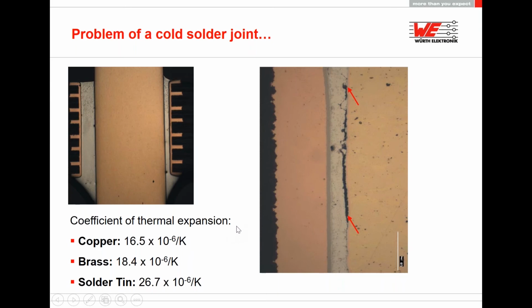And especially if you have thermal cycles, and you mostly have thermal cycles when you transfer currents, you have a lot of movement in the solder joint, and this makes this technology not perfectly reliable, especially for applications with a lot of thermal cycles.